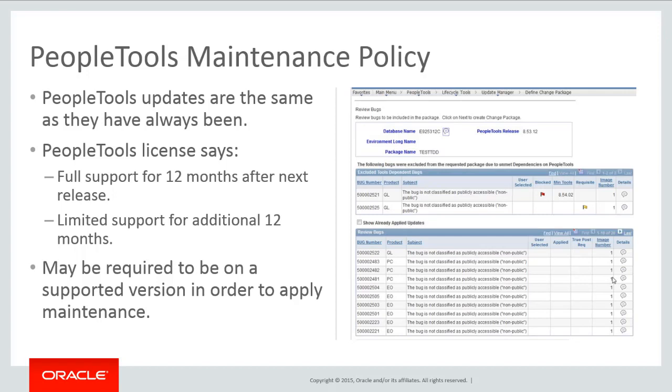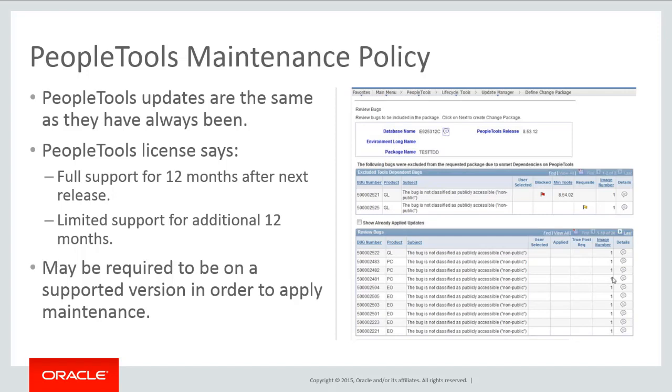So if your application is running on PeopleTools 8.53 after July 2016, you might not be able to apply maintenance from a PeopleSoft update image. Assuming that PeopleSoft releases a new PeopleTools version every 12 to 18 months, that means the window of life for any version is about 36 months to 42 months, or 3 to 3.5 years.